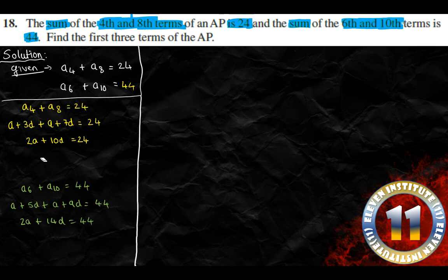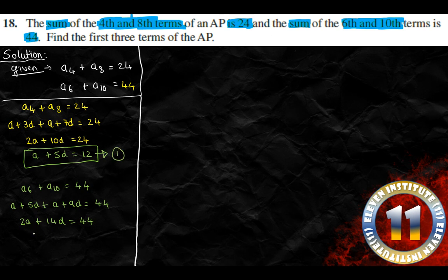So let us take 2 common over here. If I take 2 common over here, this 2A will become A, this 10D will be divided by 2 and it will become 5D, and 24 will become 12. So now this will be our equation number 1.